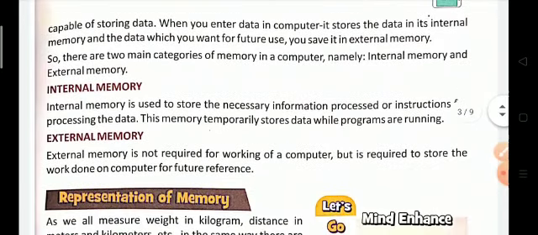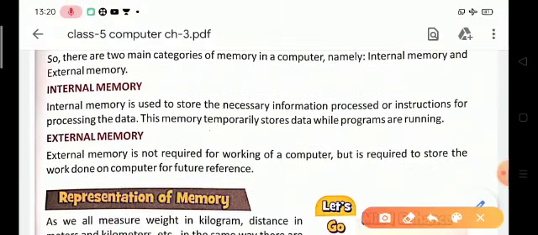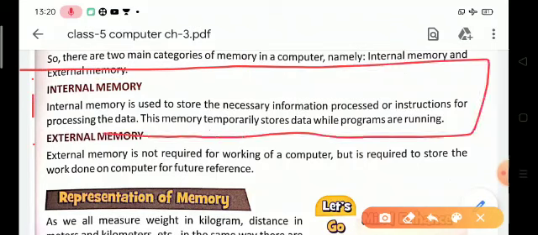Now, the types of memory. There are two main categories of memory in a computer, namely internal memory and external memory. Children, now internal memory. What is internal memory? Internal memory is used to store the necessary information or instructions for processing the data.